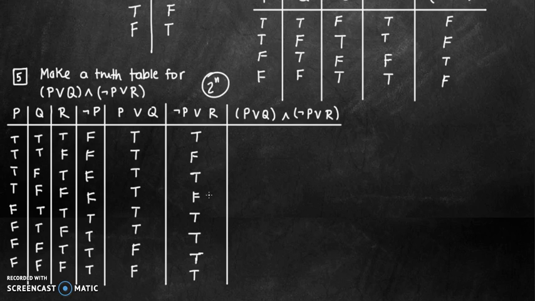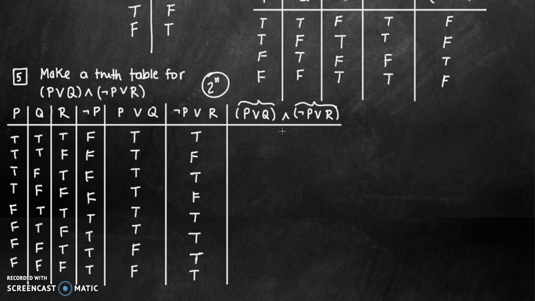Okay, now the last step is to combine these last two columns that we just did into our final statement. Notice how this time it's an and. So again, both parts here must be true in order for our overall statement to be true.